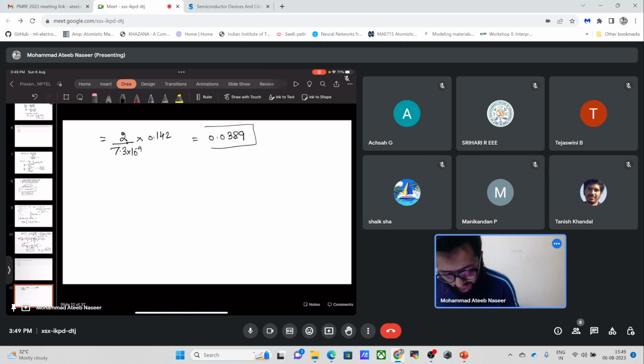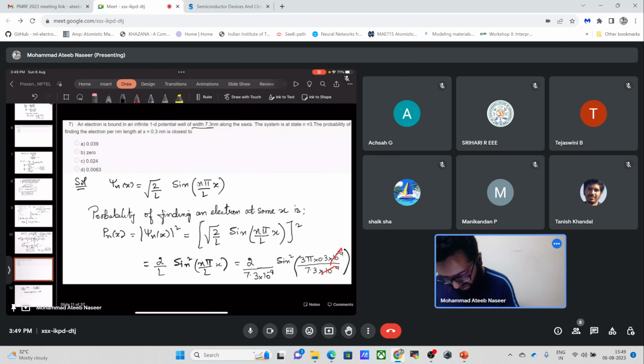So this is the value for this probability. This has to be 10 to the power of minus 9, since this was per nanometer length at x equal to this thing. So this probability per nanometer length is 0.0389. So option A seems to be the correct option to go with, and we have selected this option A.